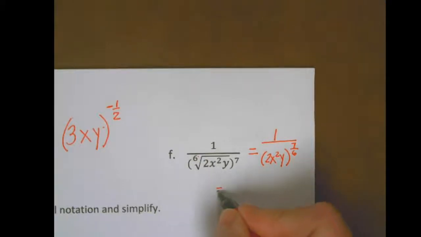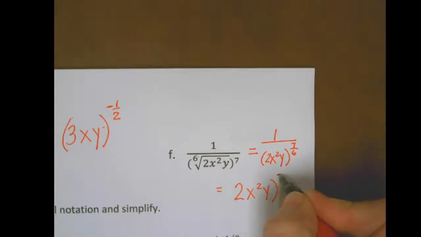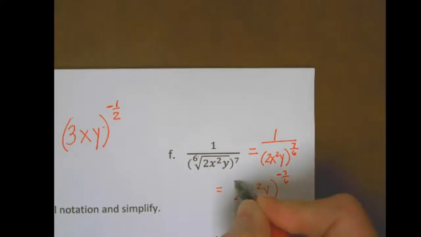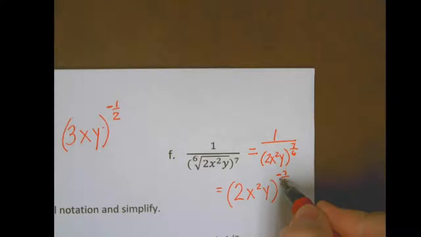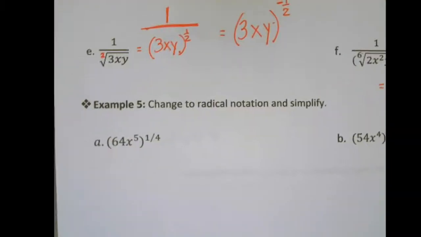This could also be written 2x squared y to the negative 7 over 6 power, because a negative power is the same thing as being in the denominator. Does it seem fairly easy to switch from one form to another? Because we're going to add just a little bit more to it with this next example.